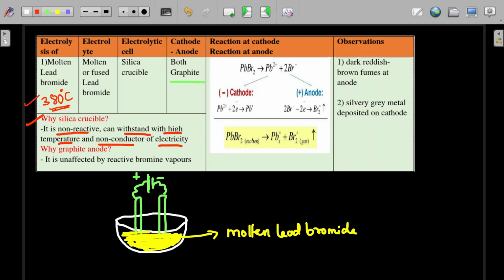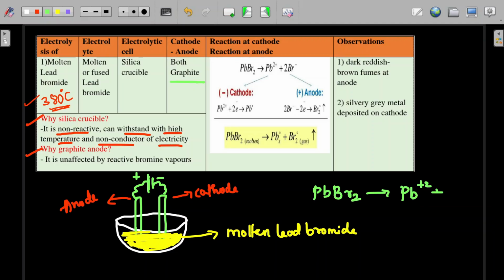Okay, so because of these reasons, we use a silica crucible. Why are we using graphite here? At the anode. The anode is this, the cathode is this. When this reaction takes place, initially lead bromide is there. When you melt it, it will form lead ions and bromide ions.